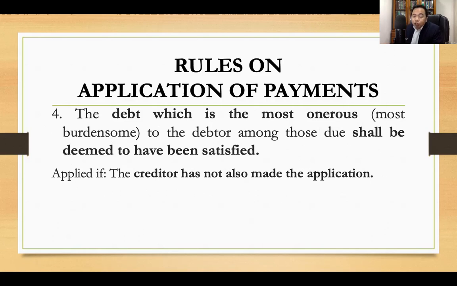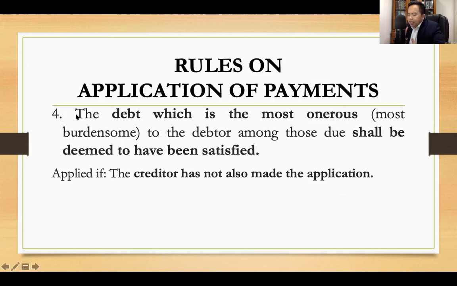When you say most onerous, it is more burdensome. There are more obligations to it. Because in case that the debtor fails to pay, then the property he constituted as mortgage can be foreclosed. Correct? So that makes it more onerous.